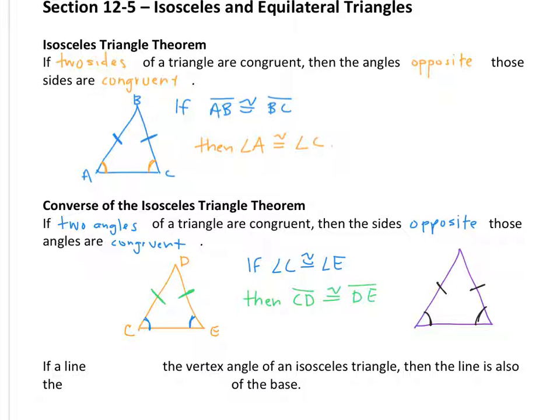These two angles at the bottom, we'll label A, B, C. So angle A and angle C, those two angles we call our base angles, angle C and angle A. And our sides that are congruent, we call those sides legs.